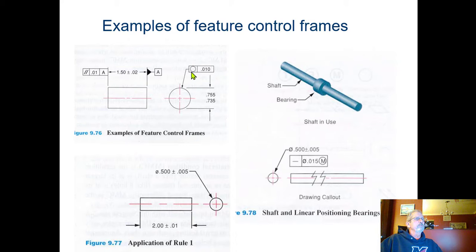It may be important that the cylindricity of this particular shaft is extremely round. Okay, so this may be very important. All right, so you can see how that works and how we can add those in there. So parallel by 1/100 of an inch from datum A.